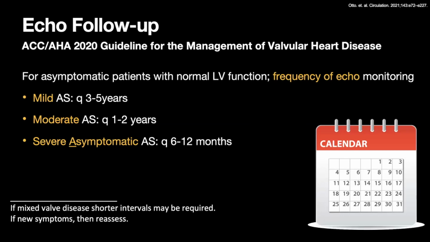But as a clinician, you'll likely want to touch base with your patients more often than that to make sure that they're not developing symptoms. Now, these follow-up times obviously have to be adjusted if you have mixed valve disease or if there are new symptoms. It's important to reassess.